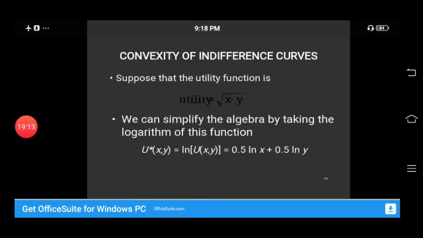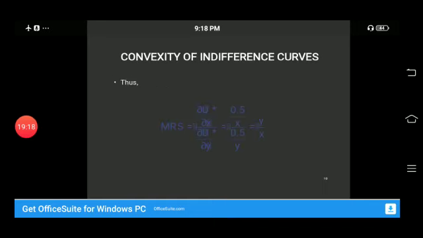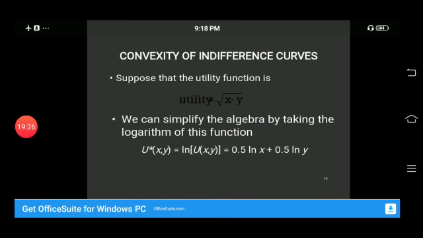Now ∂u over ∂x is 0.5 over x, and ∂u over ∂y is 0.5 over y.